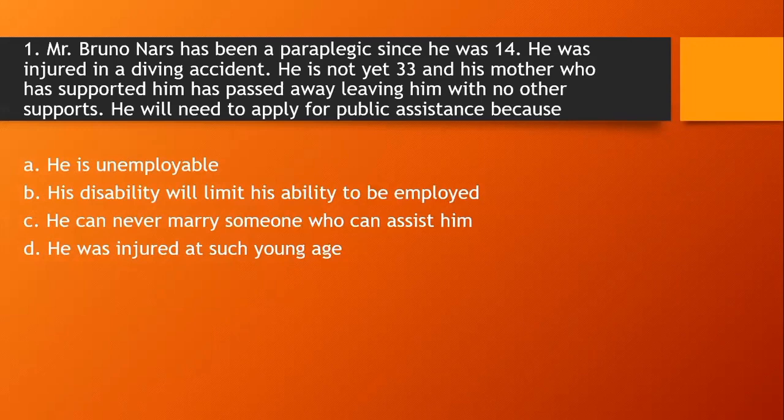He cannot do what is expected of him at that point of age because of his personal incapacity, no? Paraplegic siya. And because of that, ang nature of the problem niya is what would be the basis para maka-avail siya ng social public assistance is his disability, no?